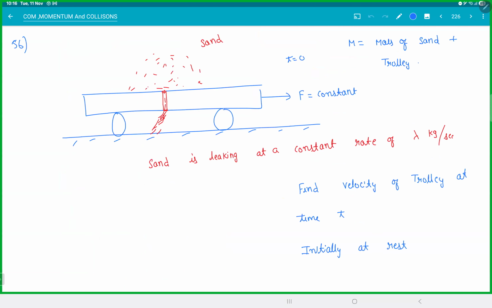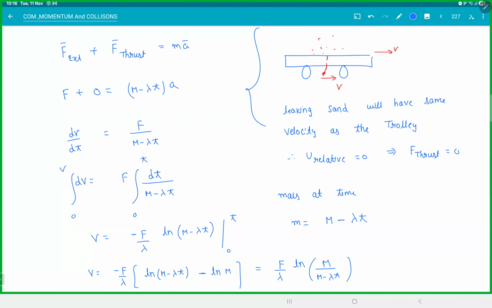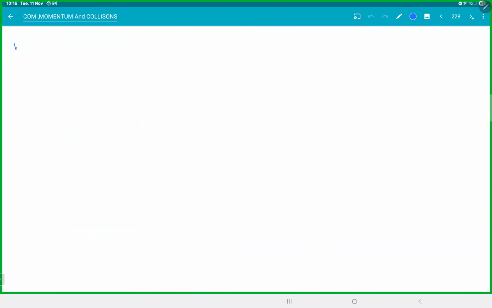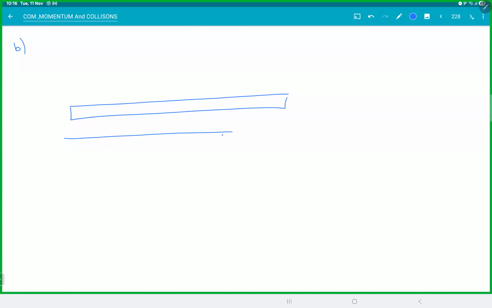Same question. There's another variation of this. I'll keep them together so you will understand. Let's say we have a trolley. It's a long trolley. Someone is pulling with a constant force, F is equal to constant. M is the mass of the trolley.